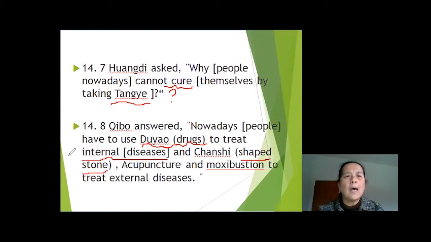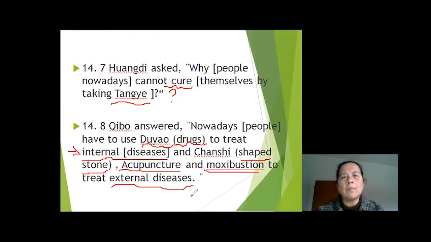We know when acupuncture was developed, they started from using the sharp stone and then changed to needles. So right now, when people are sick, they must use herbs or maybe acupuncture, massage to treat. So basically, we are still talking about internal illness.